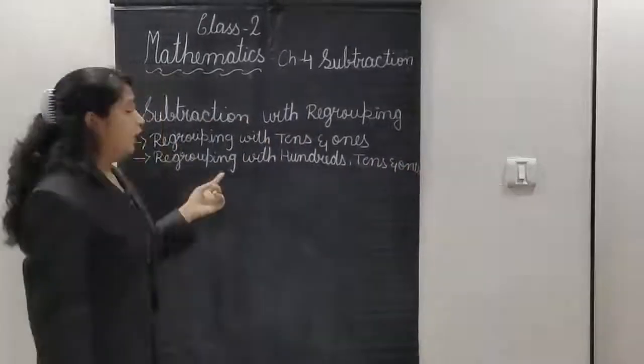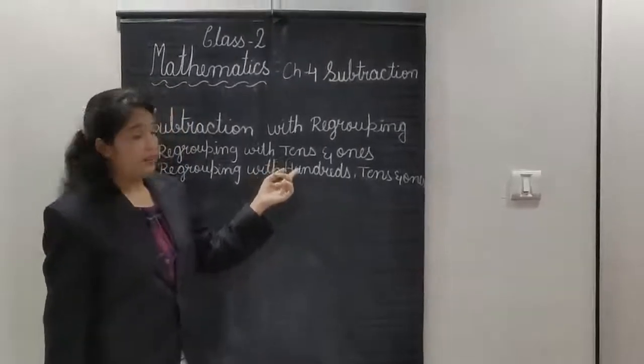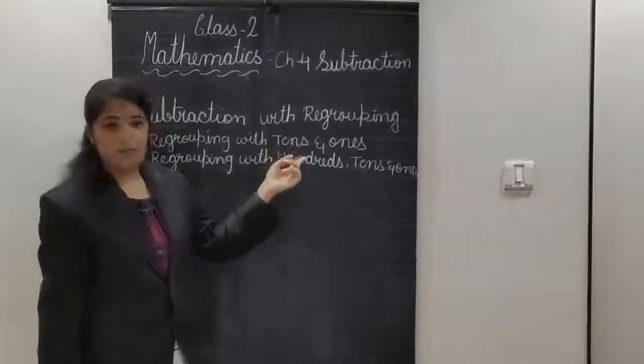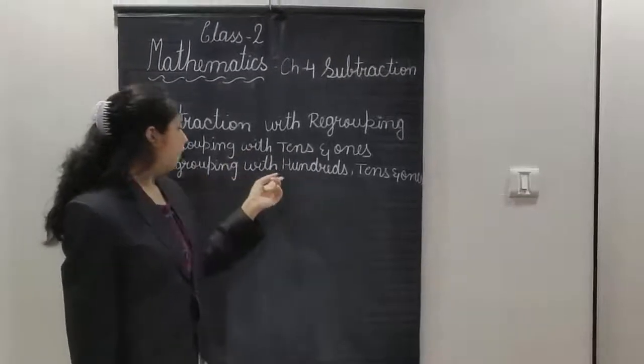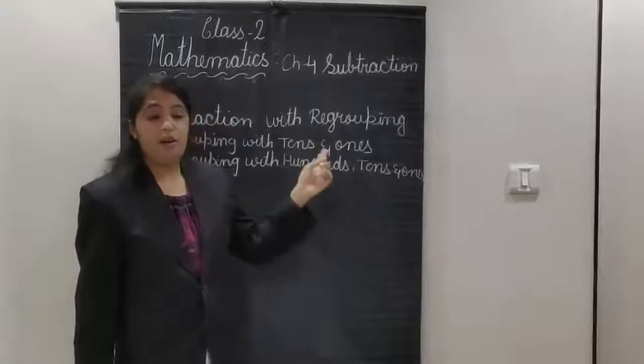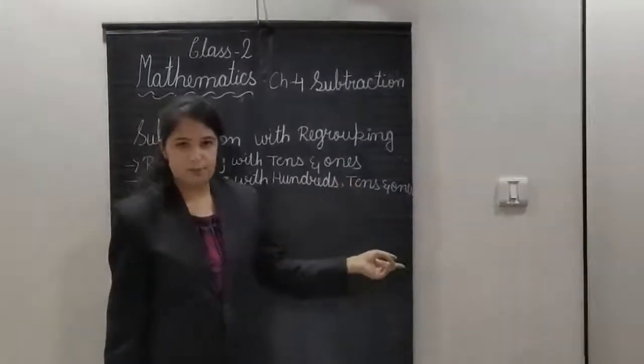Okay, regrouping and borrowing. So means regrouping with tens and ones, where you have to borrow from tens and ones, and regrouping with hundred and tens and ones, where you have to borrow from hundred place also, tens place also, and ones place also.